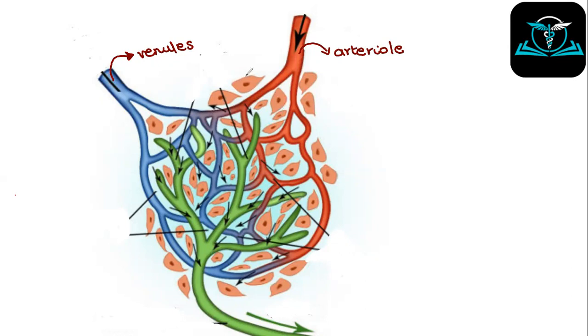Now, in between the arteriole and the venule is the capillary bed, which is found at tissue level. The capillary bed has two parts.